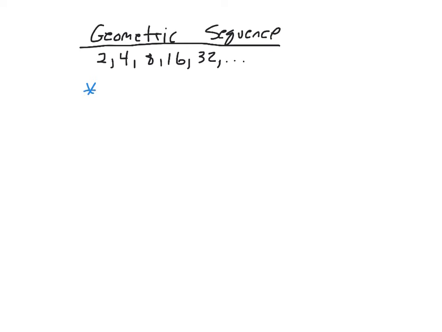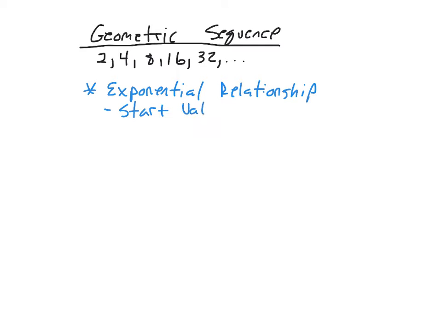What we learned was it's an exponential relationship, not linear. But guess what? You still only need a start value and a rate of change. And I was kind of joking with my other class earlier that, yeah, Mr. Soy sounds like a broken record.